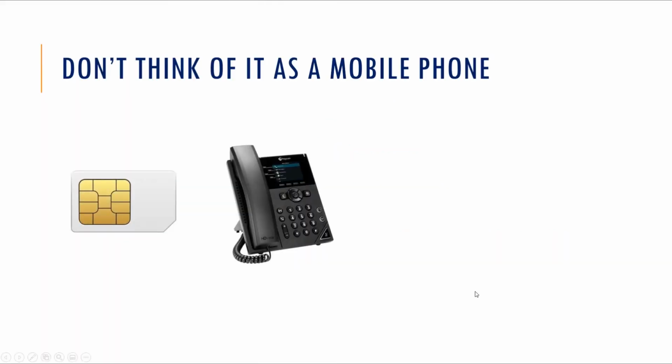So when we look at this product, although it looks like a SIM card, I'd like you to envisage it more as a desktop phone in your pocket. We are delivering a solution that basically represents an extension that goes anywhere.